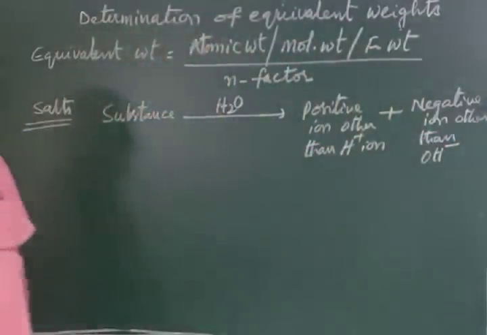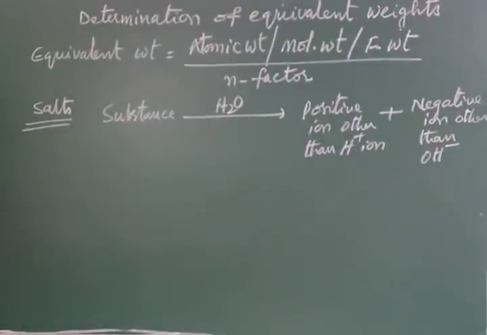A substance which when dissolved in water gives a positively charged ion other than H plus ion and a negatively charged ion other than OH minus ion is said to be a salt.